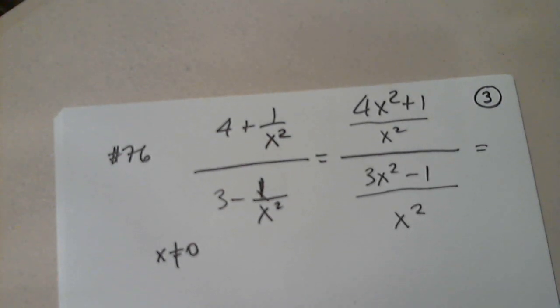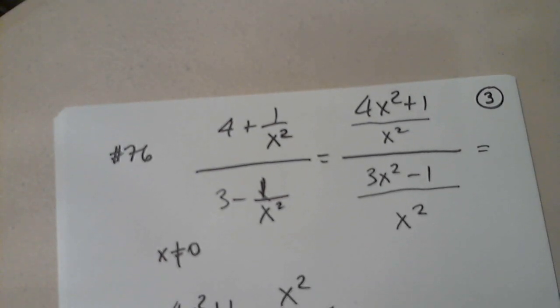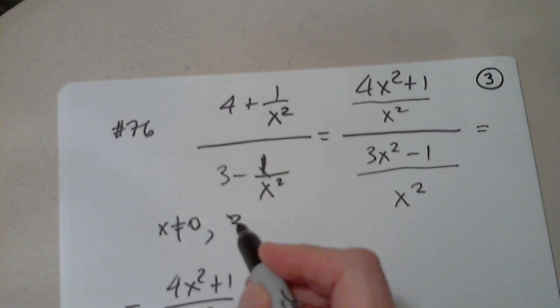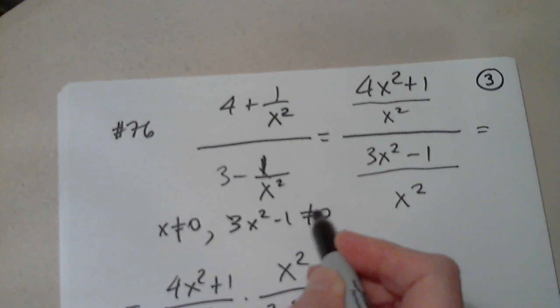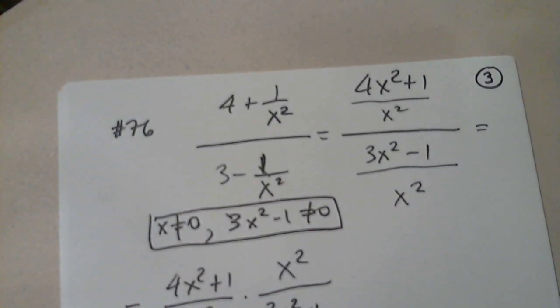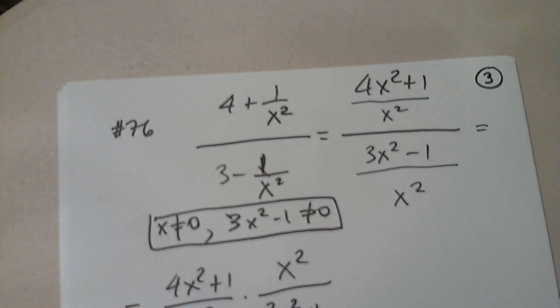You put the denominator x squared on the top, and then 3x squared minus 1 on the bottom. Okay. I have to add one more restriction here. 3x squared minus 1 cannot be 0. These are mandatory restrictions for the expression to exist. First, the initial denominator, then the new denominator that was created.